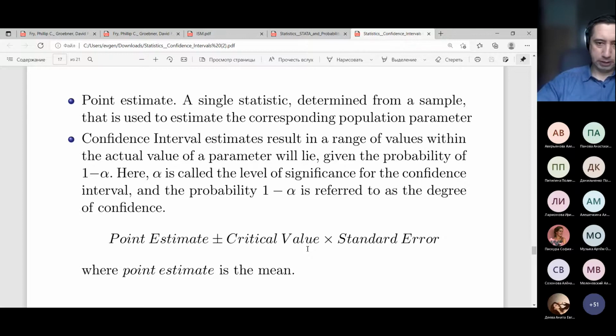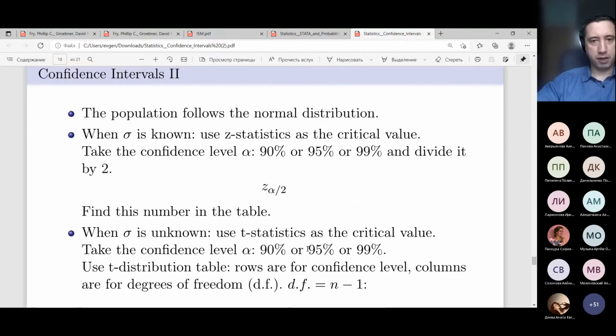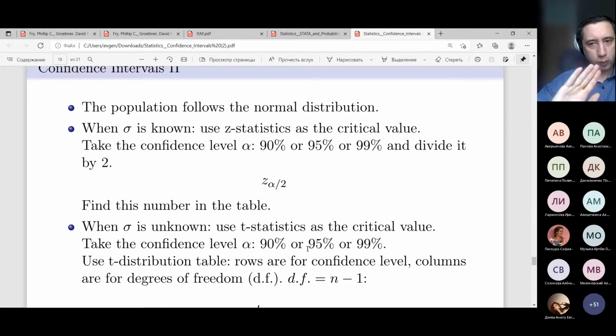Let's go on. There are two cases when we calculate a confidence interval. First case, when we know sigma, that is, when we know the population standard deviation. If you have such a case, you are lucky because you should use standard normal distribution tables.